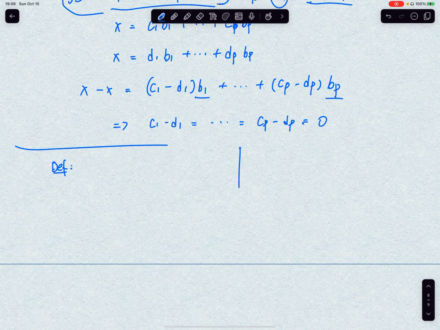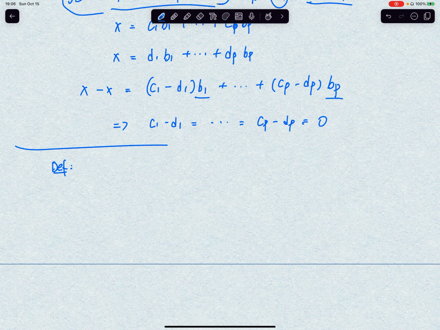Recall in our most basic XOY plane, the standard bases are just (0,1) and (1,0). So each element in this plane can be represented in a unique way as a linear combination of these two bases.